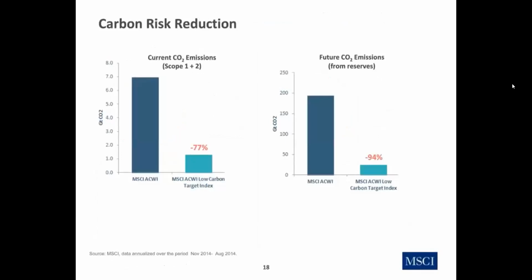Once we look under the hood of this representative index, we see the impact of MSCI's Low Carbon Target Index methodology. The level of current CO2 emissions and future CO2 emissions from reserves produced from the constituents of the MSCI ACWI Low Carbon Target Index is drastically lower than that of its parent index.